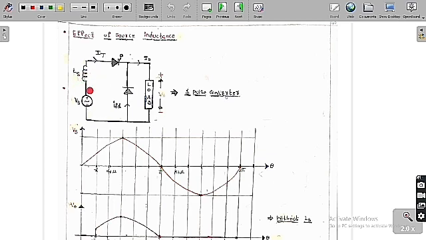Let me take LS. Now we are going to analyze this circuit. The load voltage is V naught of t and the load current is I naught of t, the current in the freewheeling diode is I F D, and the current in the thyristor is I T. This is called a one pulse converter, because we already know that in the output there is only one pulse. That is the reason we say it is a one pulse converter.